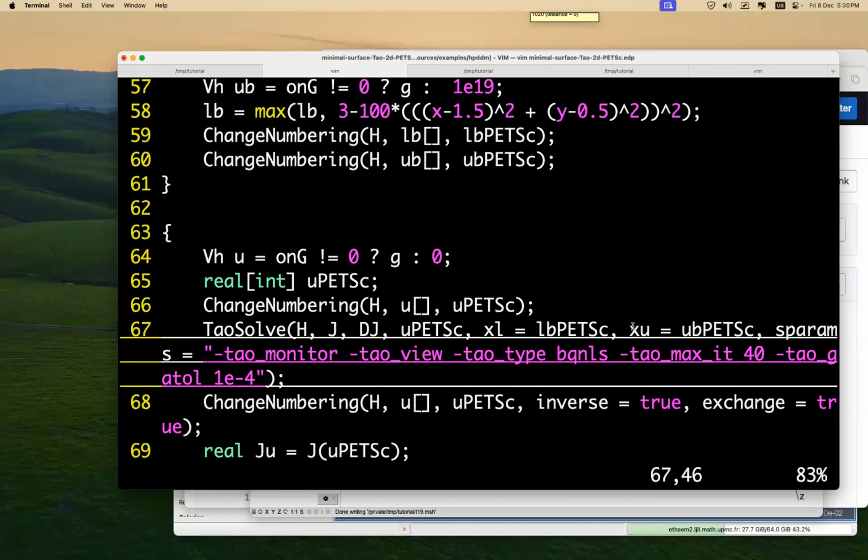And one last question. In IPOpt, if you don't provide the Hessian, it will assemble it with BFGS, maybe LBFGS. Is there the same option in Tau solve? I think there is.